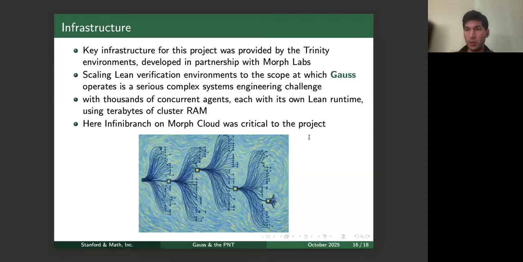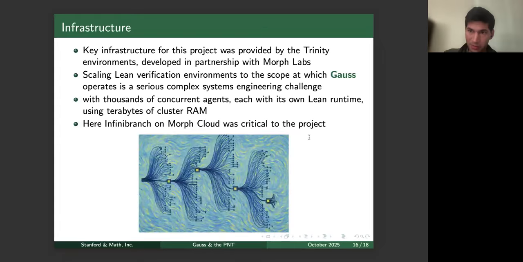A human working in Lean, maybe in VS Code, can see the status of a proof or a partial proof in Lean, where you have some goal and some tactics that you could apply at any given time to achieve that goal. And you should think about Gauss having access to this kind of environment that a human would have, and being able to see the state of a partial proof and try various options in the course of the proof.